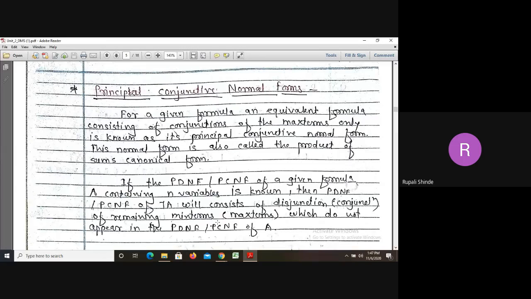Like minterms, how do we define them? If there are 2 variables, we can define a minterm for P and Q as P and Q. Likewise, a max term we can define as P or Q. So variables in max terms are connected together by the OR symbol.